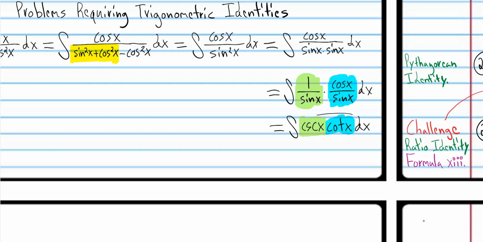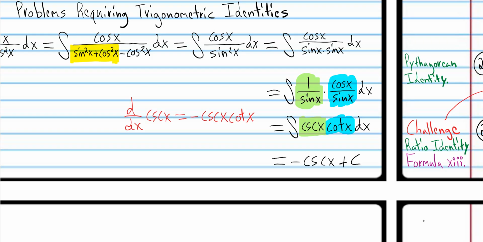Now, the derivative of cosecant x is negative cosecant x cotangent x. So we almost have that expression, but there's no negative there. So all we have to do is write negative cosecant x.